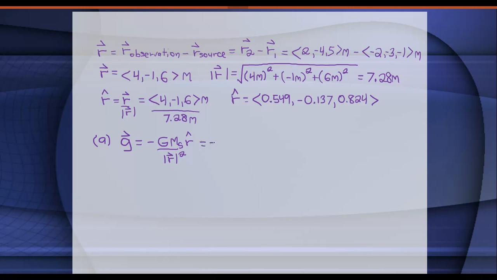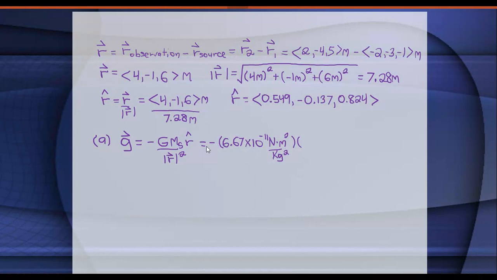This would be negative, G is the gravitational constant, 6.67 times 10 to the minus 11 newton meters squared per kilogram squared, multiplied by m_s.